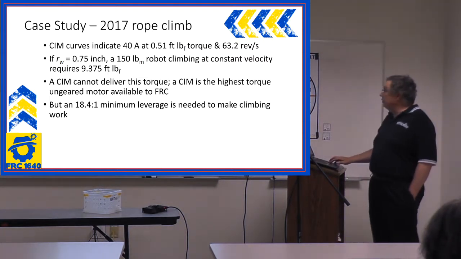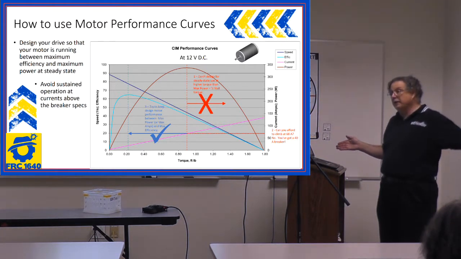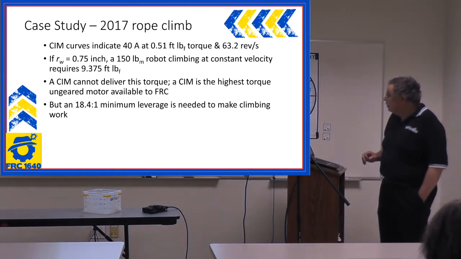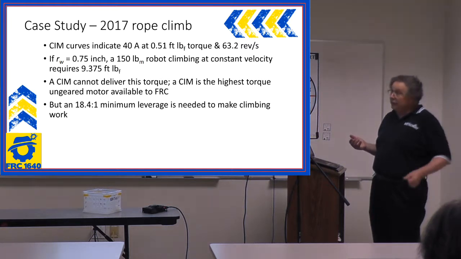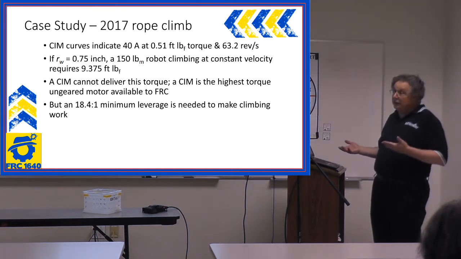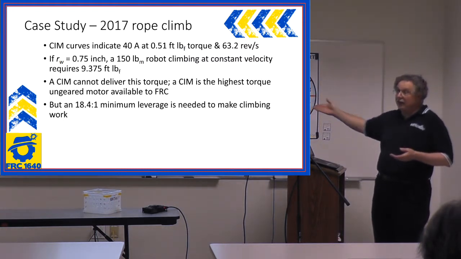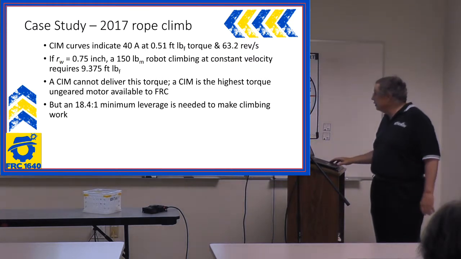And going back to the performance curve, there's no 9.4 foot-pounds there. It just doesn't exist. So we need at least an 18.4 leverage to make that solution work. I can't spec a motor and just have a motor driving that. There's no motor available in FIRST that will do that job.